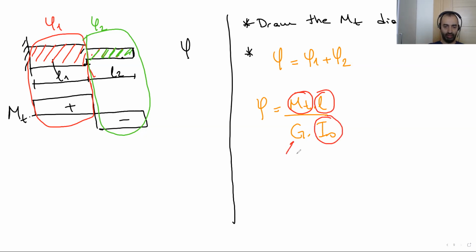G is constant if the material is constant. So we have to find these three unknowns for each portion, then calculate phi1 and phi2 and sum these numbers. That gives us the total rotation.